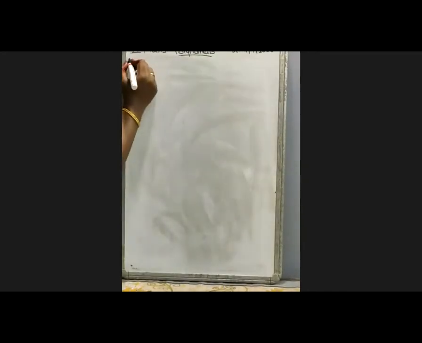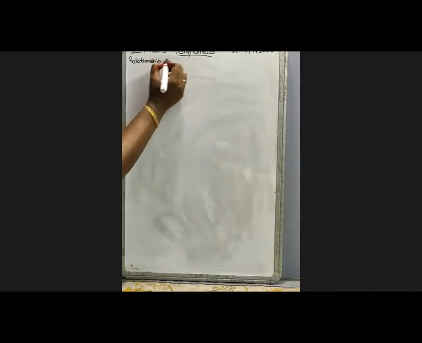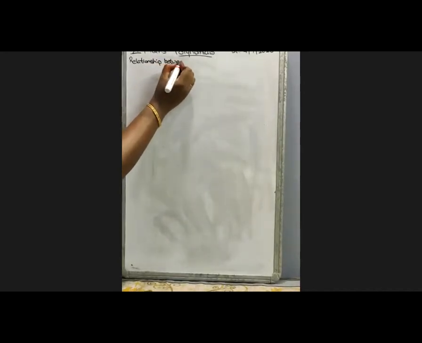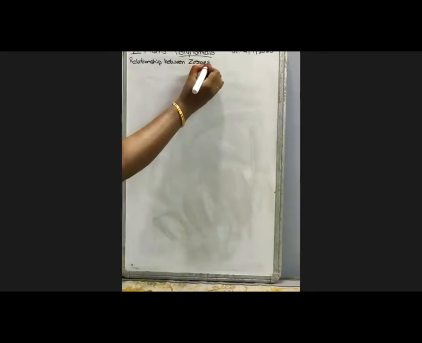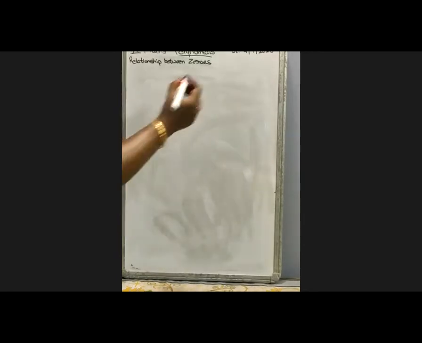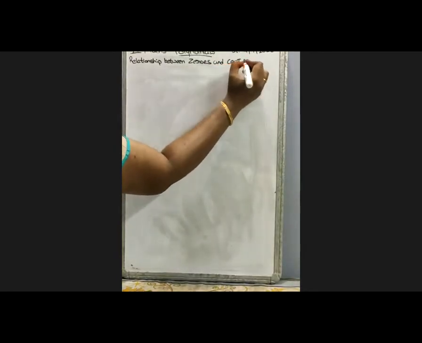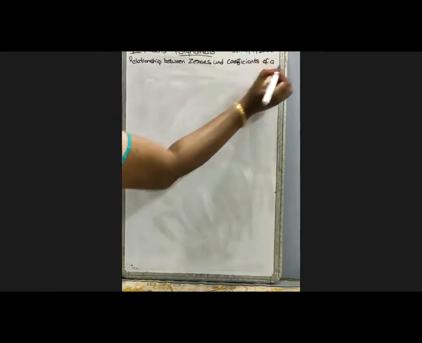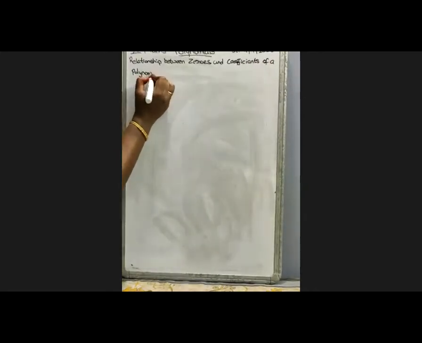See, relationship between zeros and coefficients of a polynomial. Ma, this is also very important.